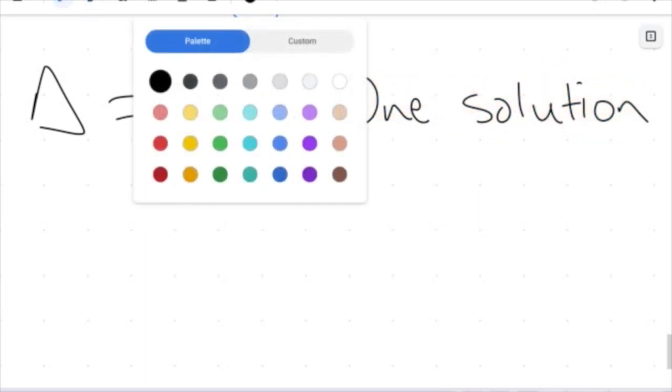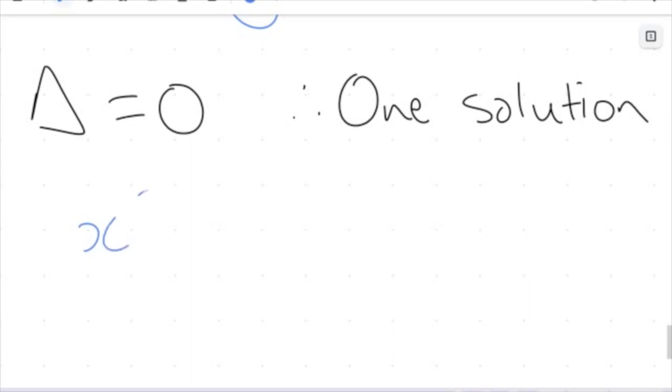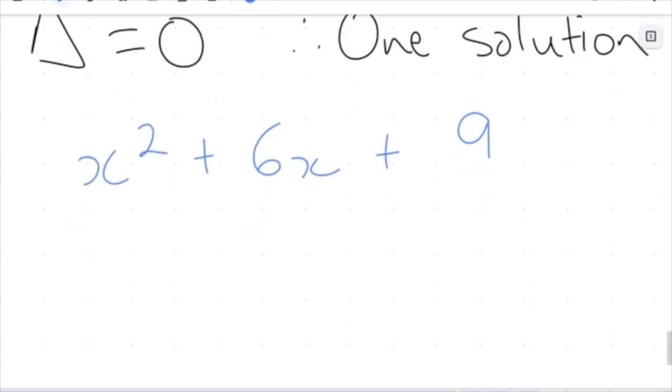So looking down here, I have x squared plus 6x plus 9. And what if I use my PSF, finding two factors that multiply to give me 9, add to give me 6?